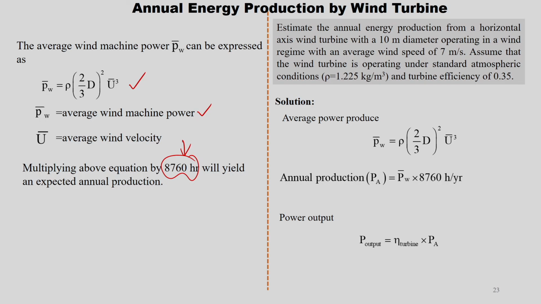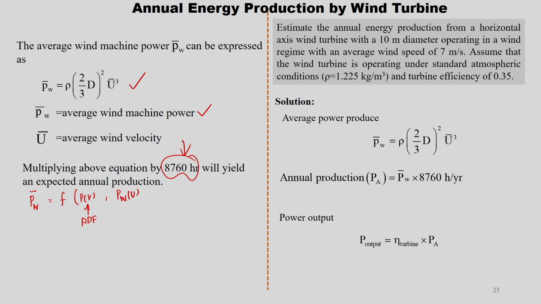Where this particular formula comes from is that P w bar is a function of P of v, that is the probability distribution function PDF, and it is also a function of P w at u.